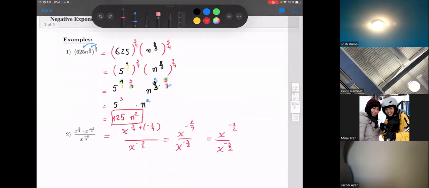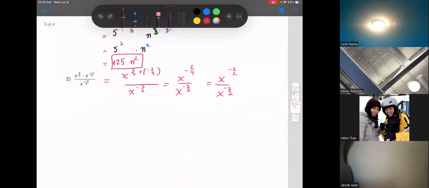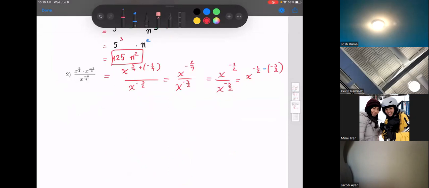So it equals x to the -1/2 minus -3/2. Minus becomes positive, so x to the -1/2 plus 3/2, which is 2/2, which is 1, which is x.